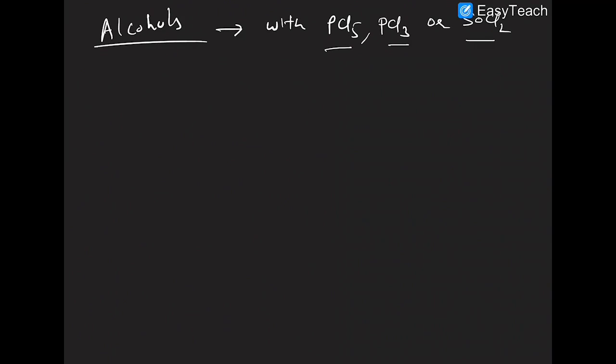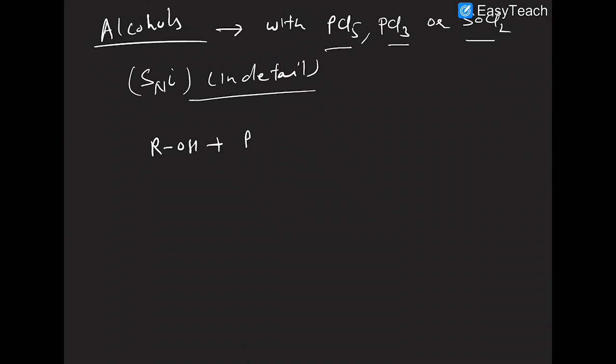We will discuss the mechanism in SNi, that is nucleophilic substitution internal, in detail there, but here we will discuss only the preparation part. When alcohols react with PCl5, you have the formation of alkyl halide along with phosphorus oxytrichloride and HCl.